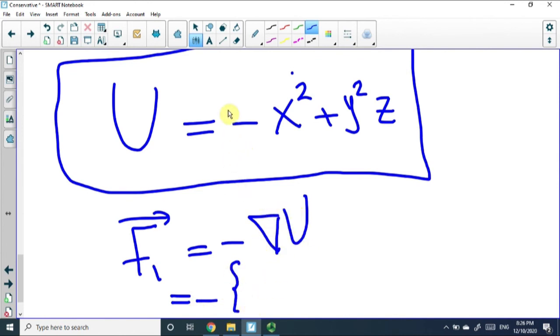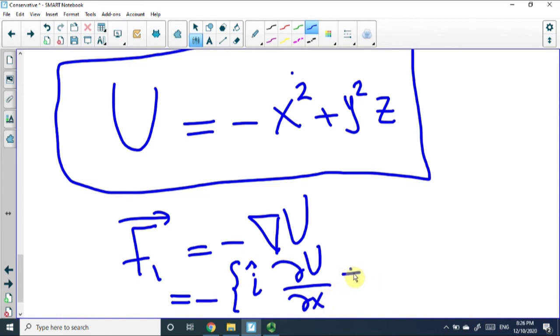It is the partial derivative of the potential energy with respect to x, and that will be the x component of the gradient. So we're going to get partial u partial x.